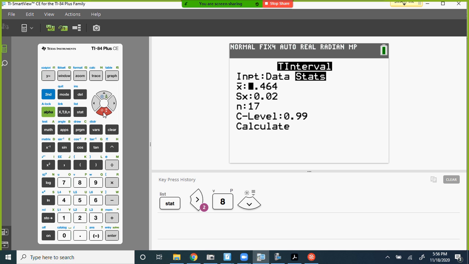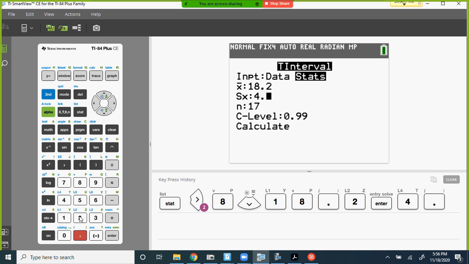They gave us an X bar of 18.2, right? And they gave us a standard deviation of 4.9. And then they said our sample size was 34. And then we had a confidence level of 95.